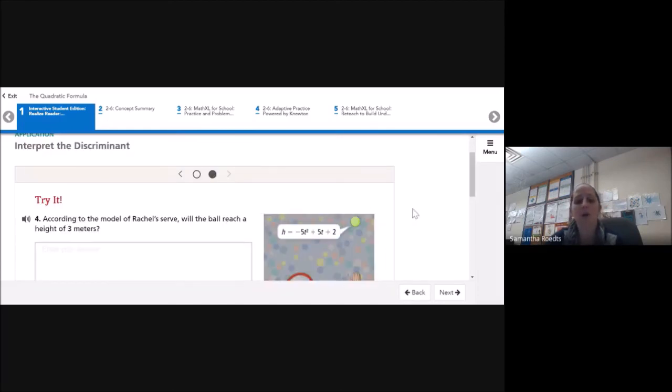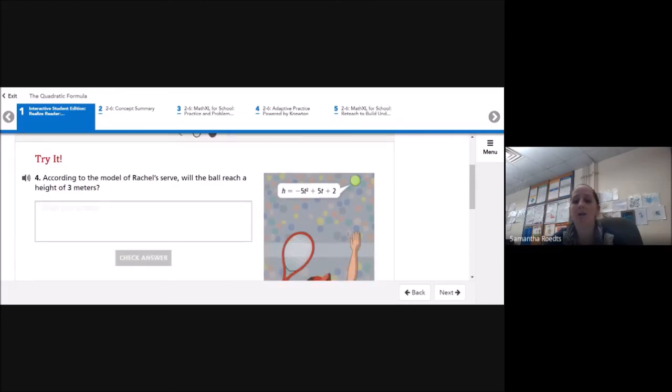All right, according to the model of Rachel's serve, will the ball reach a height of 3 meters? So again, I'm going to take negative 5t squared plus 5t plus 2 and set it equal to 3. When I put this into standard form, I get 2 minus 3, which is negative 1, equals 0.